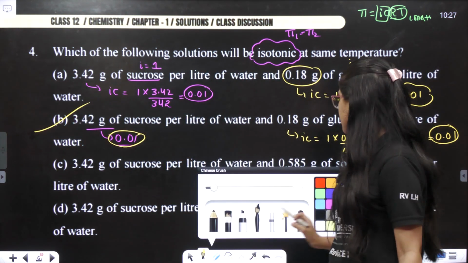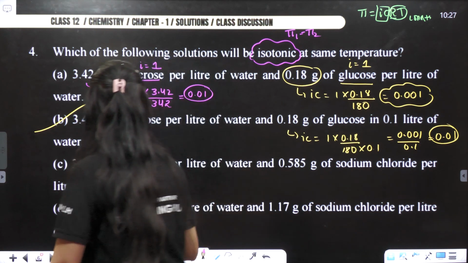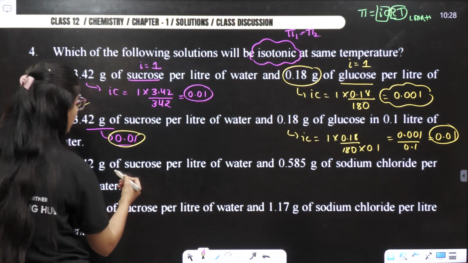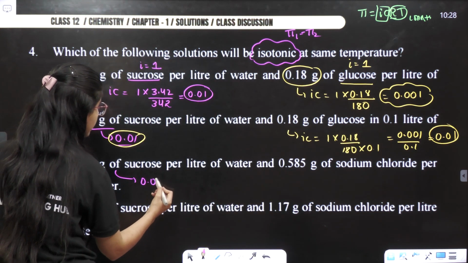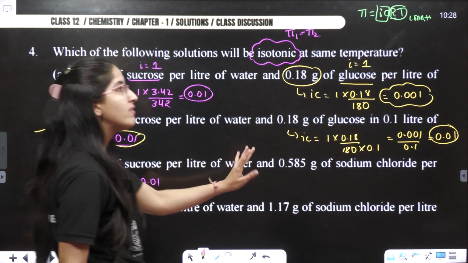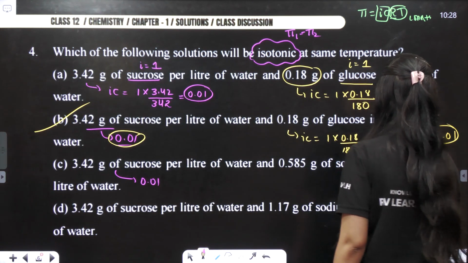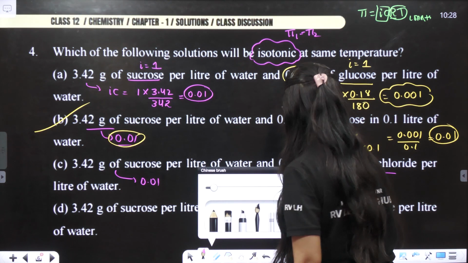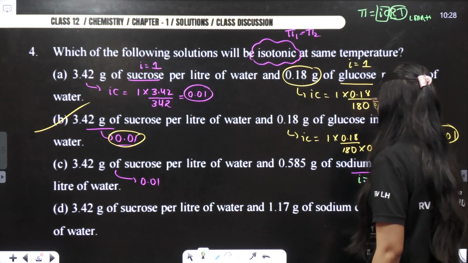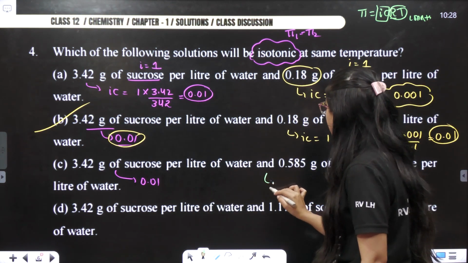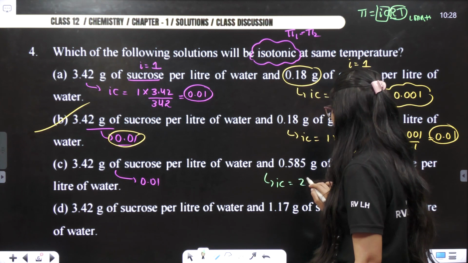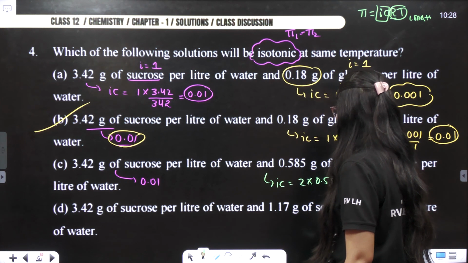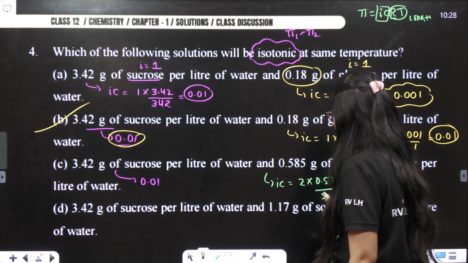Let's see the other options also. So here also 3.42 grams of sucrose per liter of water. Again the iC value is 0.01. Next, 0.585 gram of sodium chloride. So when I talk about sodium chloride, here i will be equal to 2. So here iC will be equal to 2 into 0.585 divided by 58.5.